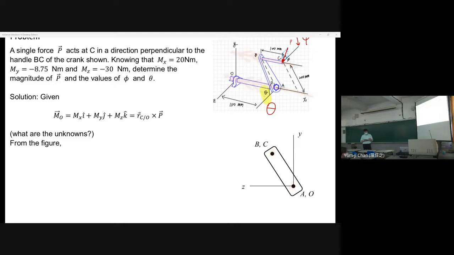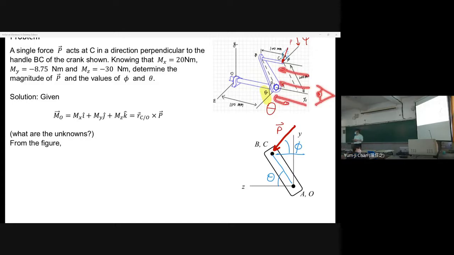In this problem, we have the angle theta here, and we have the force P here, and this angle is phi. Is that clear? If we look at this crank from the right, we have this.